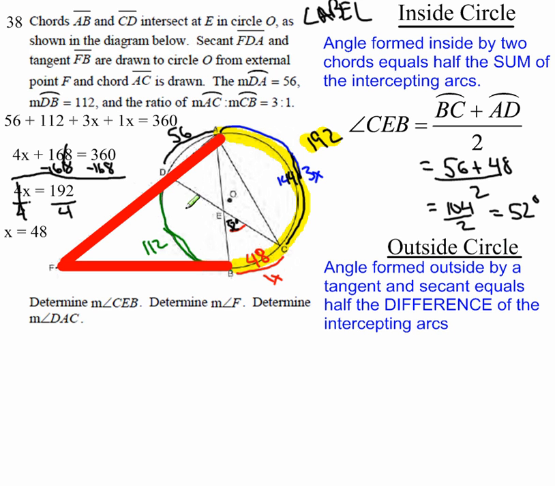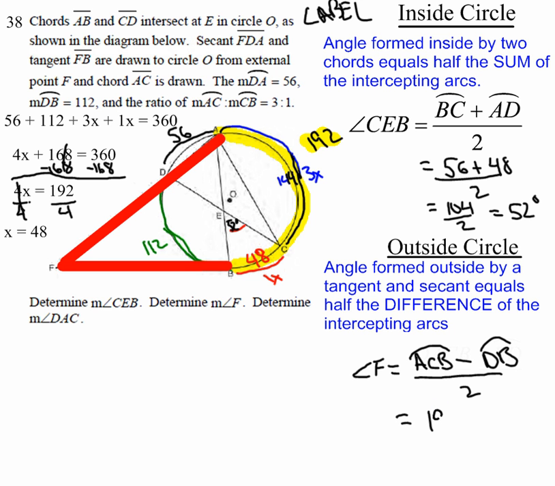Okay, and you can tell that the measurement of arc DB, which is another intercepting arc of angle F, is 112. Okay, now to find angle F, I have to take the difference of the intercepting arcs. So I have to take arc ACB minus the minor intercepting arc, which is arc DB, and divide that by 2.